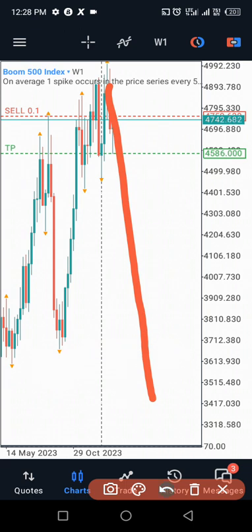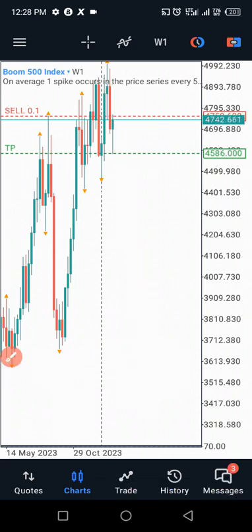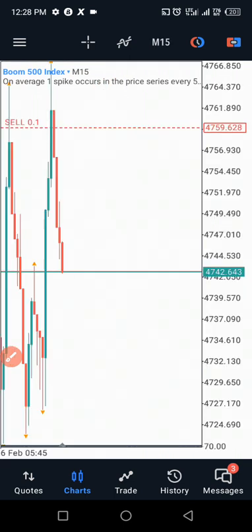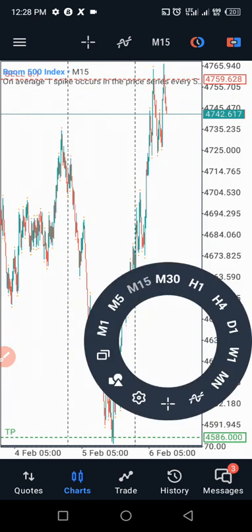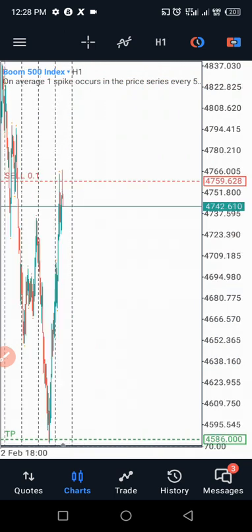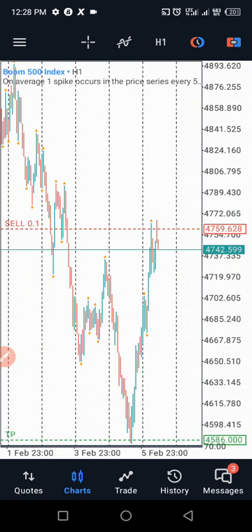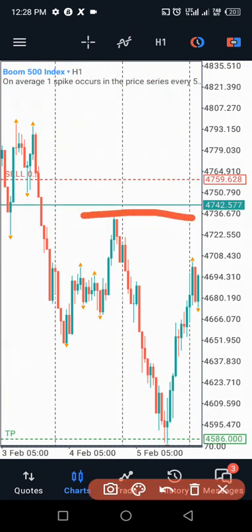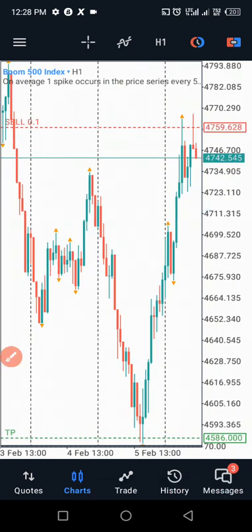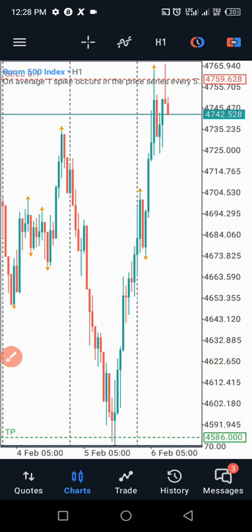So I'm going to do an analysis on Boom 500 later, so that you can position yourself for the massive sell that is coming. First of all, you will notice that there was an inducement here again. That inducement was a sell that took the sellers unaware.